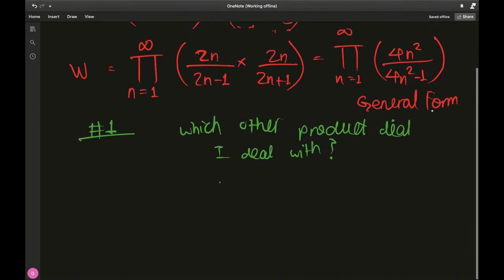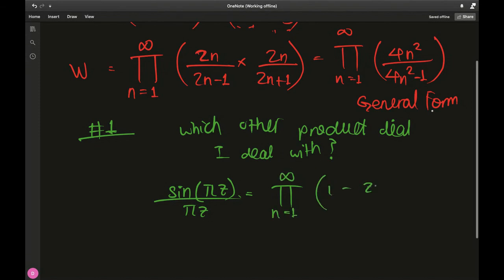Well, if you recall my video, we had actually proved the sine product representation. So we had sine of pi z over pi z is equal to the product from n equals 1 to infinity of 1 minus z squared over n squared.